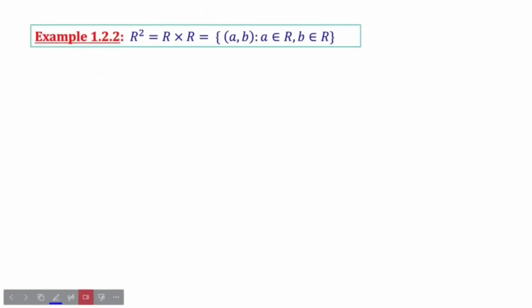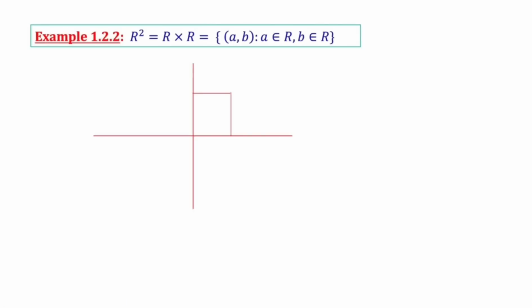So these are the elements of A cross B. As an example, let's take R2, which is given as R cross R. Here a belongs to the real numbers and b belongs to the real numbers. This can be presented graphically like this: let R be on the x-axis and R also on the y-axis.